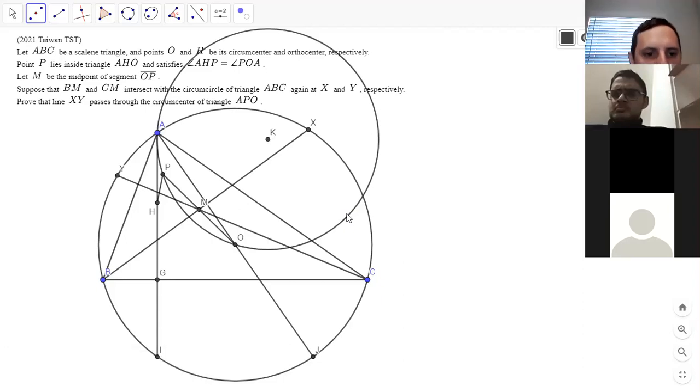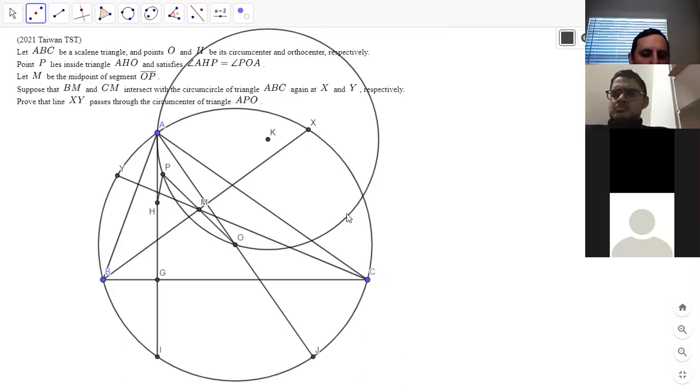So now I think we've drawn the problem correctly. All right, so AM is the median of APM.